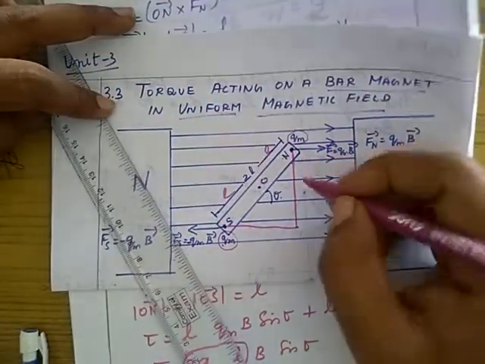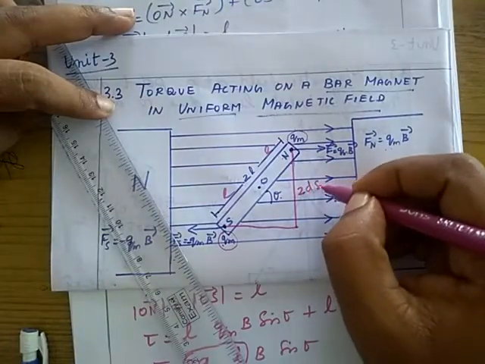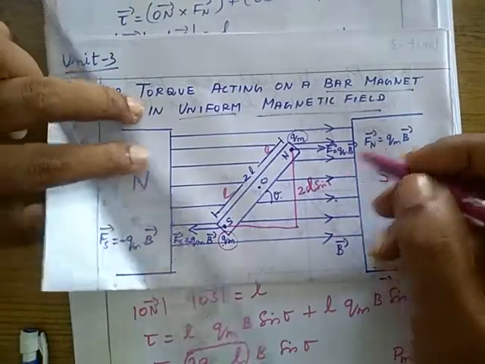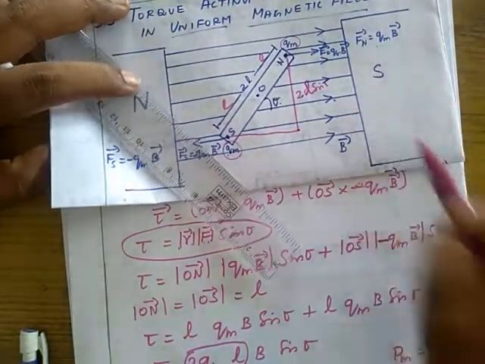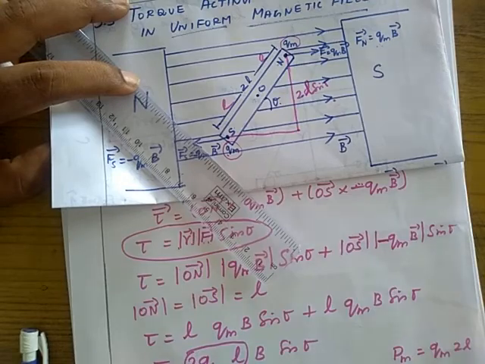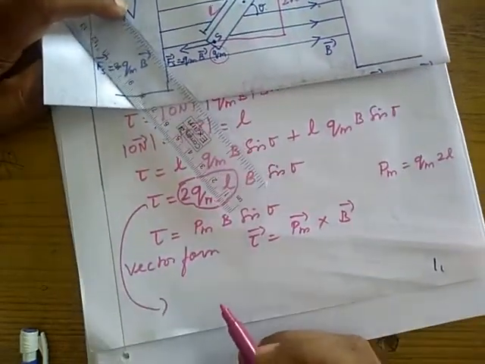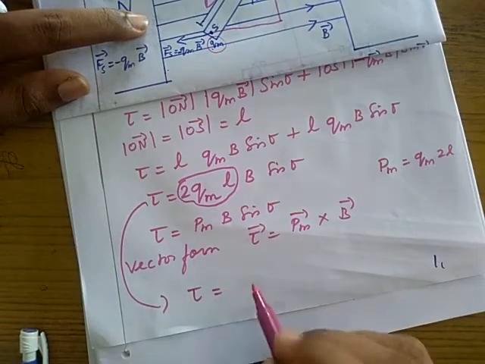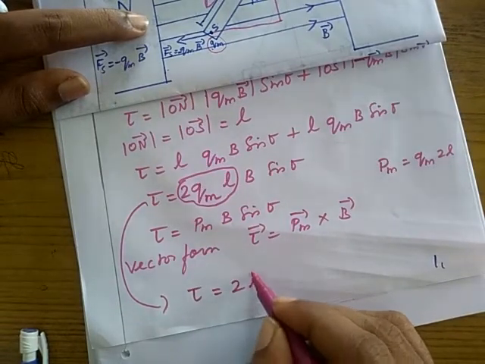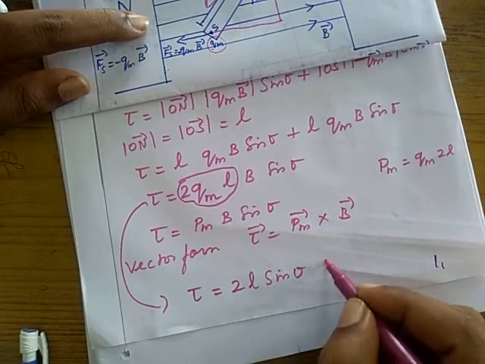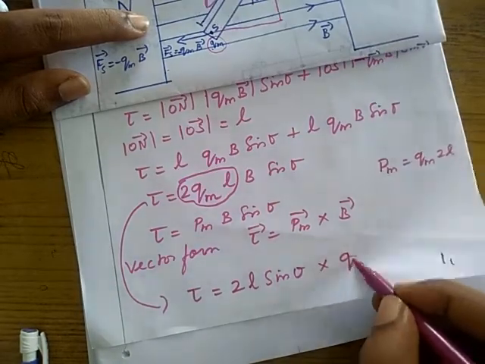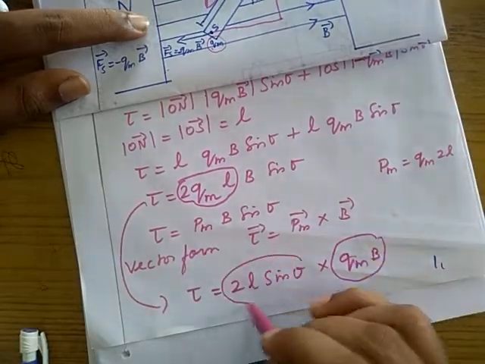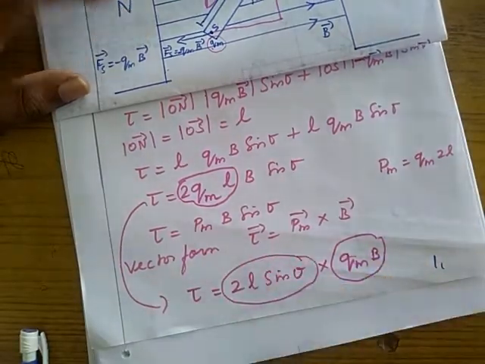It is written as 2L sin theta. Then we can rewrite this expression: tau is equal to 2L sin theta into Qm B. It is one of the forces, it is the perpendicular distance between the forces, it is the torque.